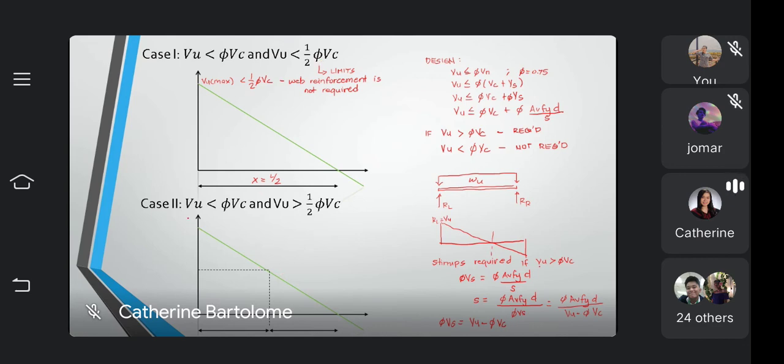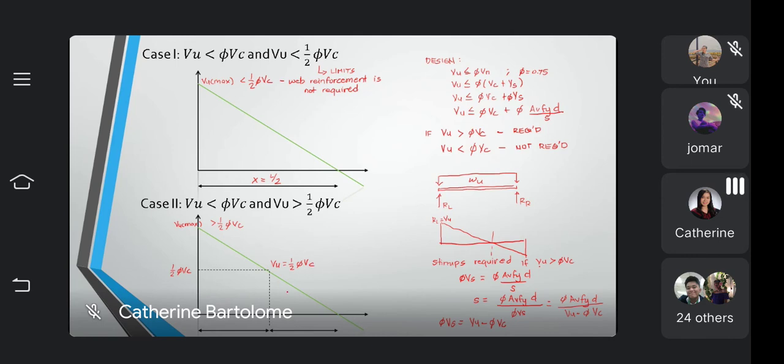So, for example, this is your VU max. Take note that it is less than your VBC. Okay? But this is more than half of VBC. So, if this is your 1/2 VBC, at this part the VU is half of VBC.